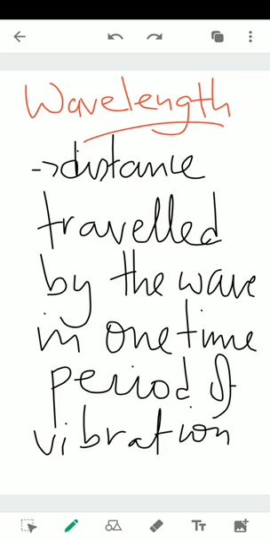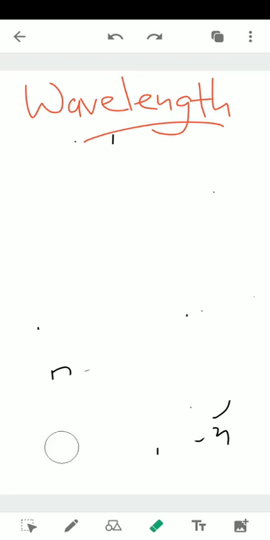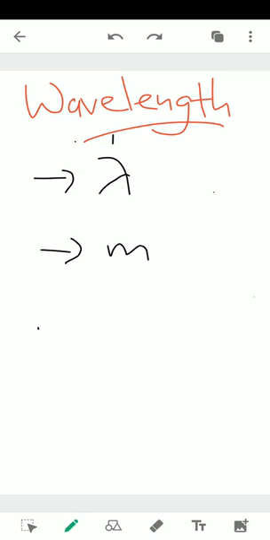So this is how we can understand wavelength. It is denoted by the Greek letter lambda, written like this, and its unit is meter.